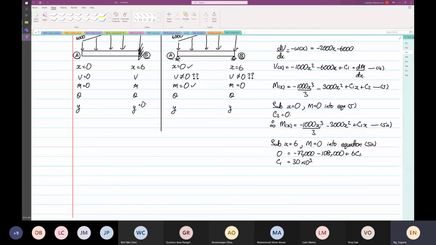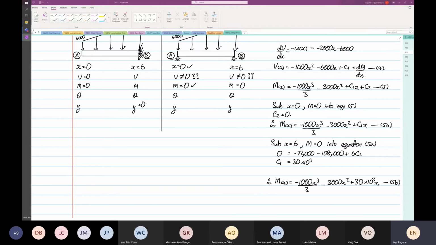Therefore, M as a function of x is equal to minus 1000x cubed over 3 minus 3000x squared plus 30 times 10 to the power 3 x. This is your equation 5b now.